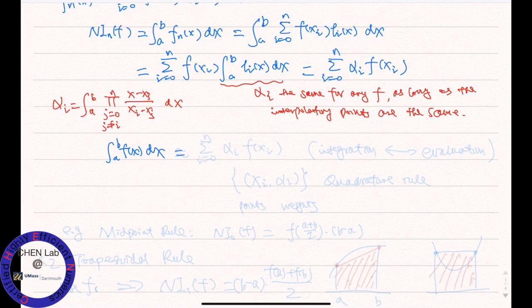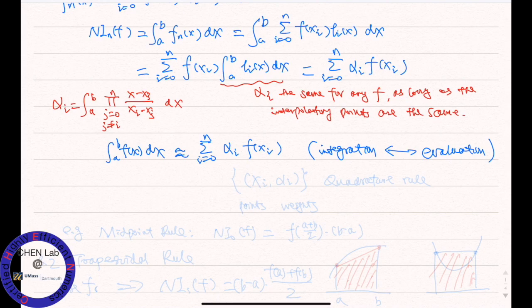The numerical value of the integral can be approximated by a sum, I from 0 to n, of alpha I f(xi), which is the same as evaluating the function at a bunch of points and multiplying with some weights alpha I. So we turn integration into evaluation. That's the key.